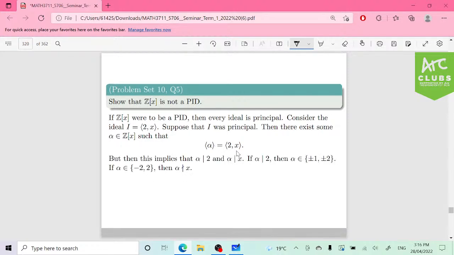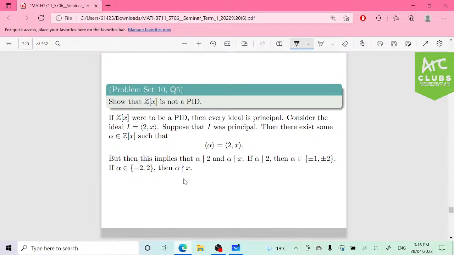But then by definition, alpha must divide 2 and alpha must divide x. But if alpha divides 2, then alpha must belong in plus or minus 1 or plus or minus 2. But if alpha is either minus 2 or 2, then alpha can't divide x. And the reasoning for this is very similar to one that we saw before. If alpha was equal to minus 2 or 2, then the only way to get x is to consider half x as well.